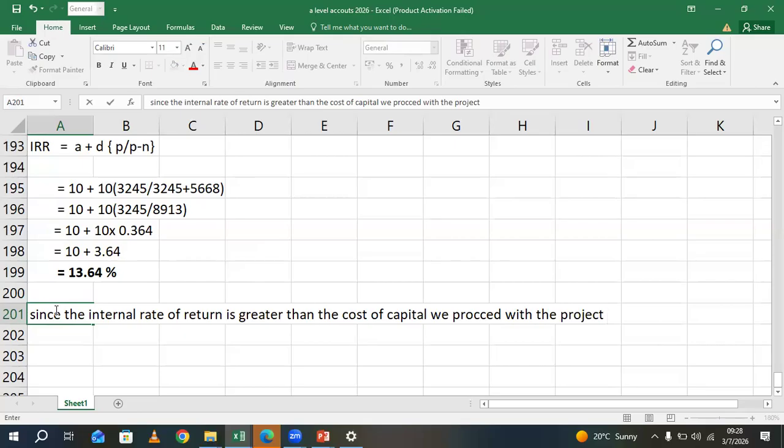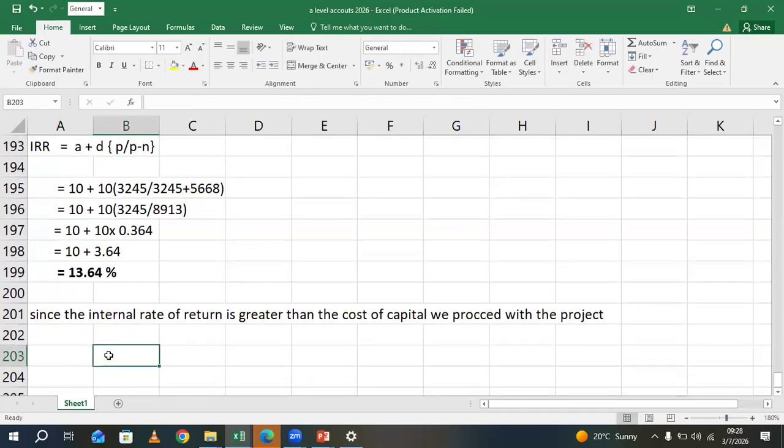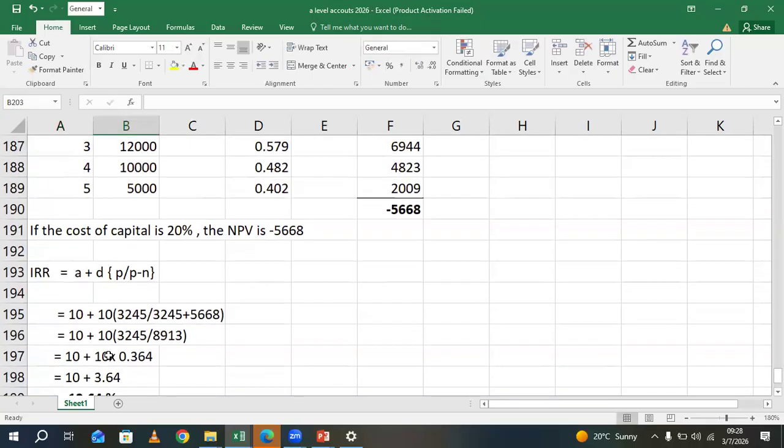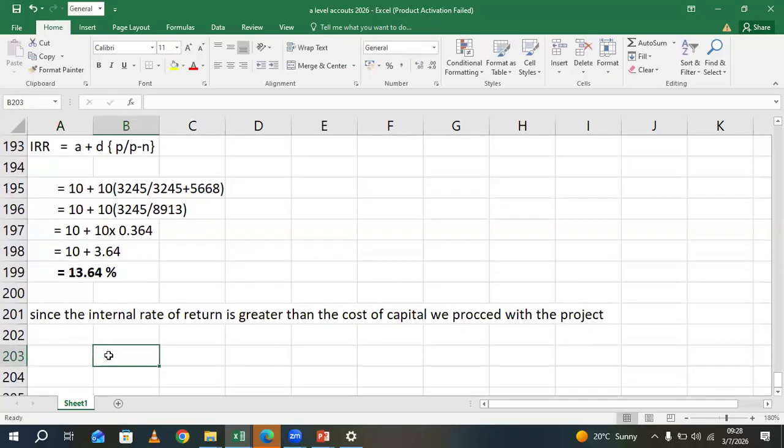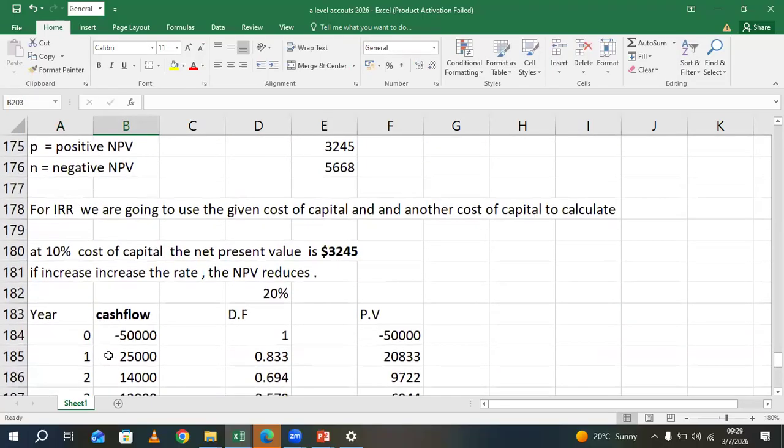So if the IRR is greater than the cost of capital, the decision is let's proceed with the project. It's profitable. It's giving us a return higher than the minimum expected return. So that's the internal rate of return.